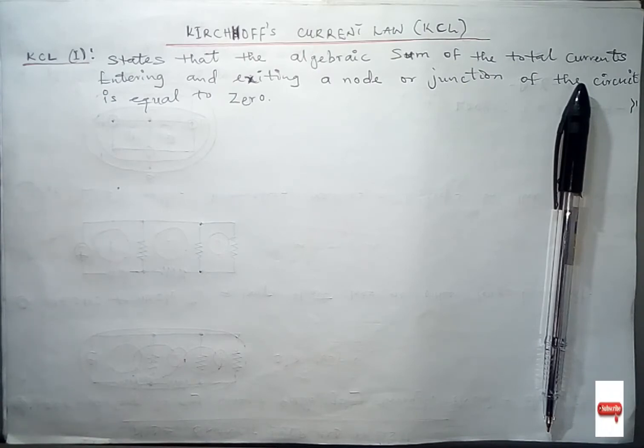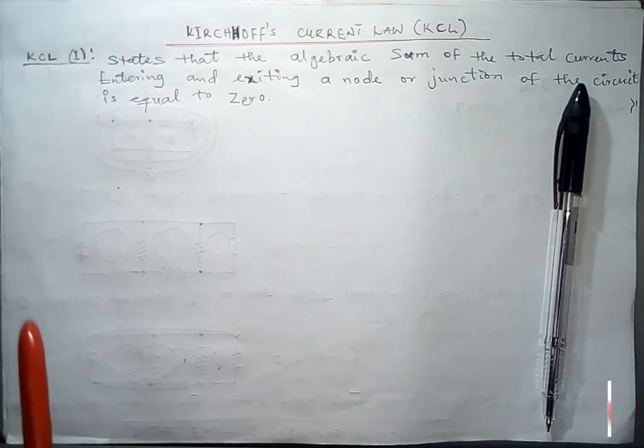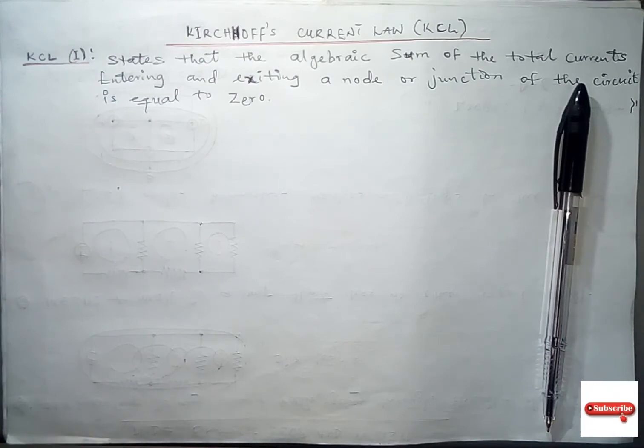Now we are going to approach KCL, Kirchhoff's current law, in two ways. The first way is what we know as Kirchhoff's current law 1, which is KCL I. This law states that the algebraic sum of the total current entering and exiting a node or junction of the circuit is equal to 0.